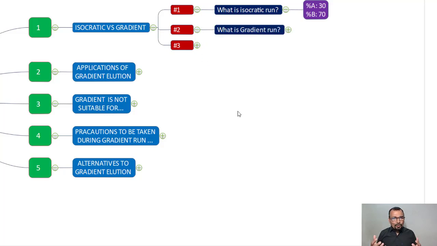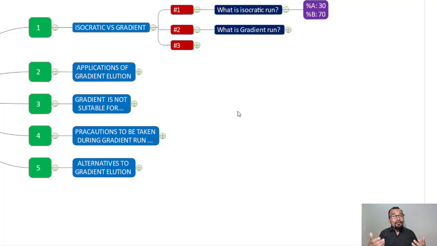So the gradient elution is that you are able to change the proportion of either the A port or the B port, or you are able to change the strength of the mobile phase. And what determines the strength of the mobile phase in case of reverse phase chromatography?